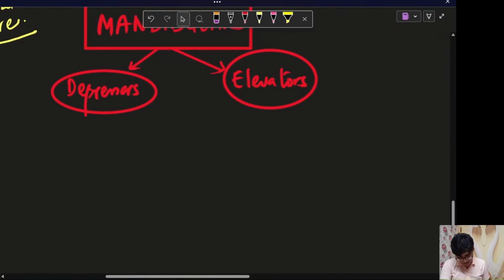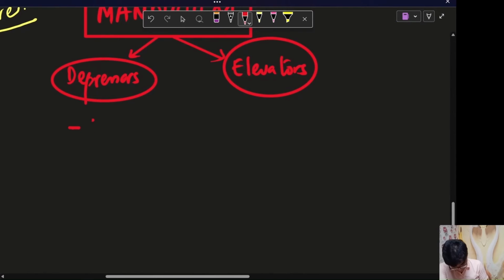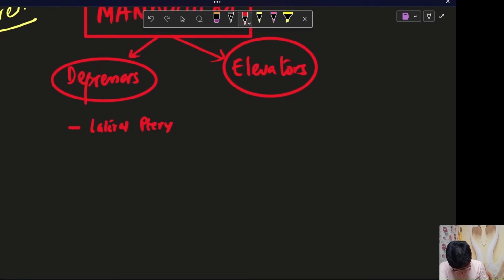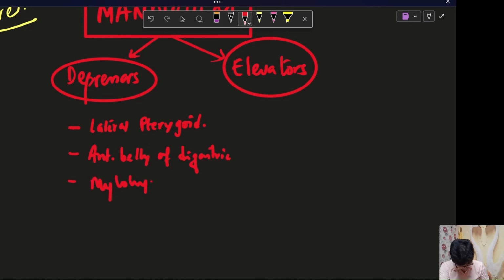So the depressors are firstly the lateral pterygoid, secondly the anterior belly of digastric muscle, thirdly it is the mylohyoid muscle, fourthly it is the geniohyoid muscles.